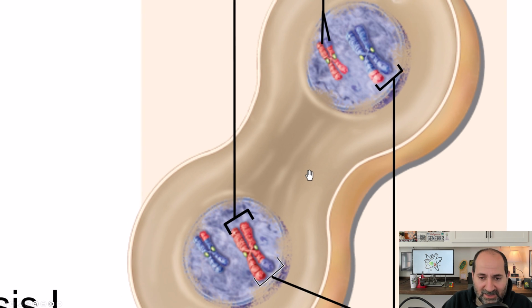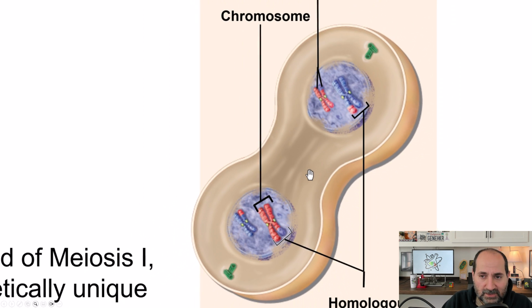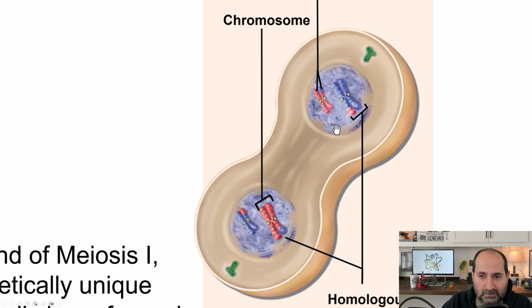So yes, technically, these 2 cells have 46 chromosomes, 2 sets of chromosomes. But because there aren't technically homologous chromosomes in each of these cells, just 2 copies of the same information, that's cheating. That doesn't qualify as 2 diploid cells.